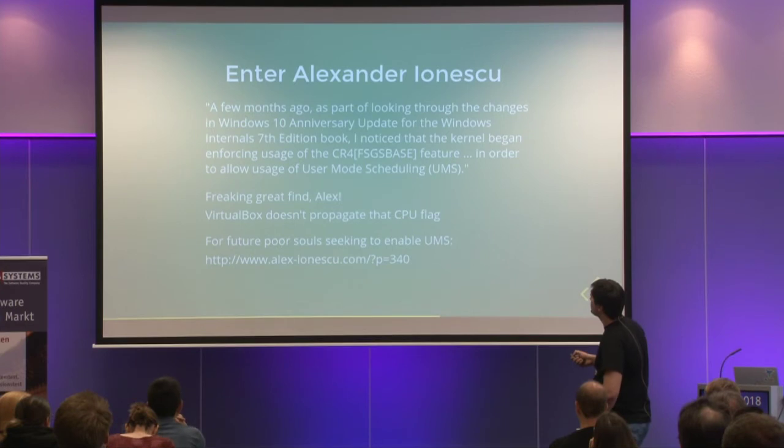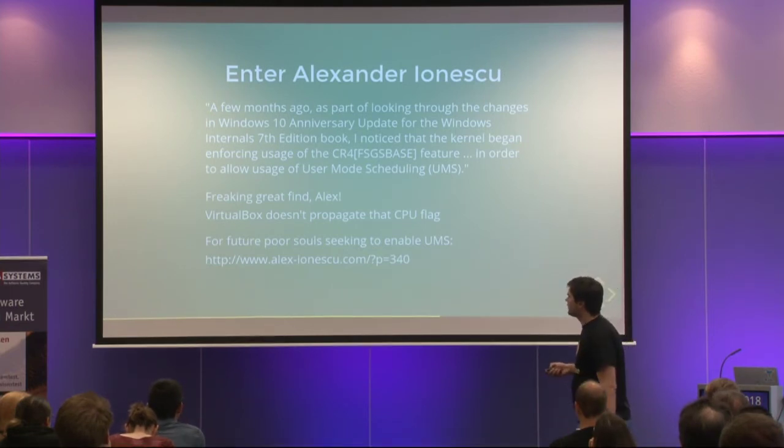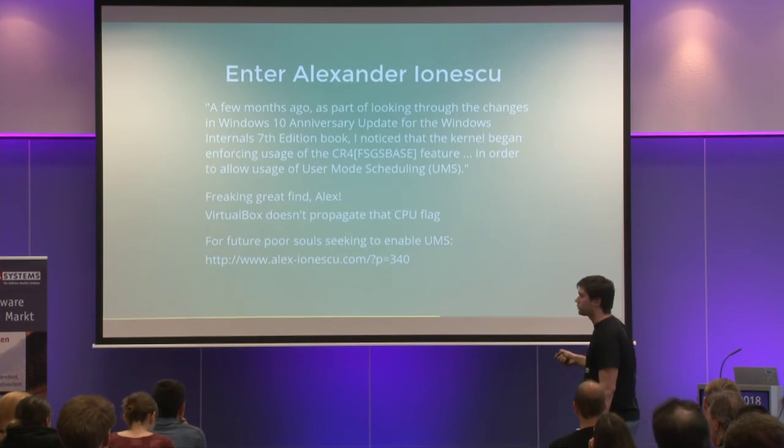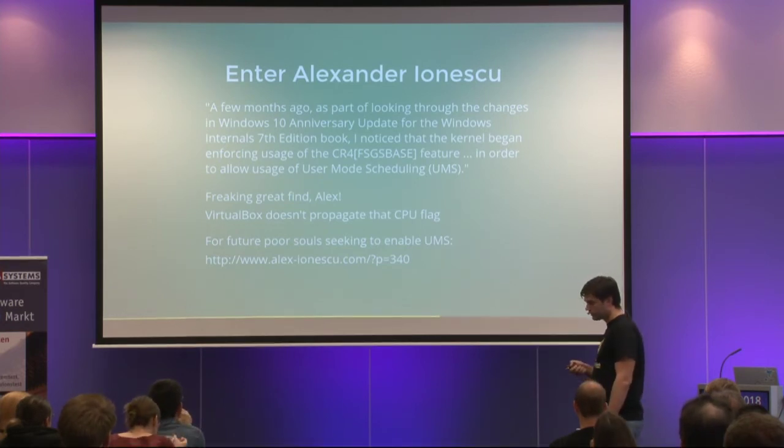That's a good find, yeah? And it turns out VirtualBox messes with CPU flags and doesn't propagate them to the operating system. So, all right, pick the right VM, I guess. And here's a link if you want to try UMS and not fall into this pitfall.